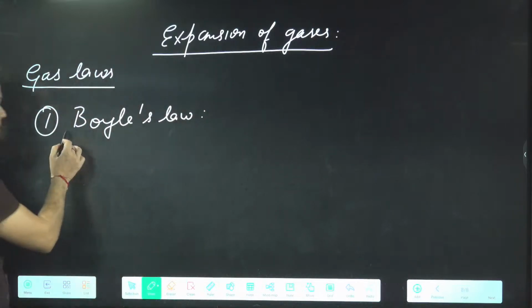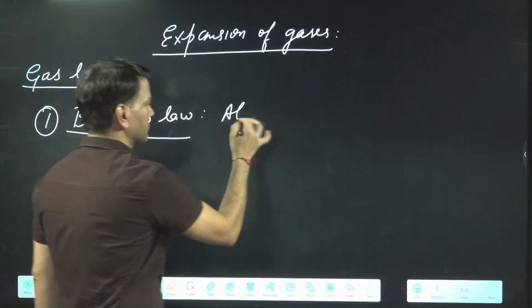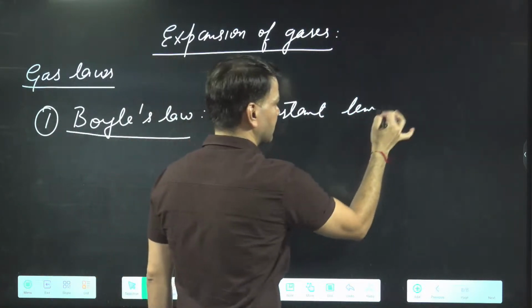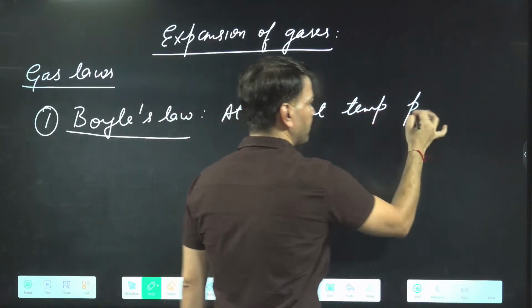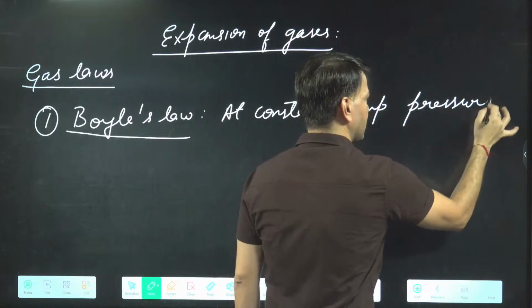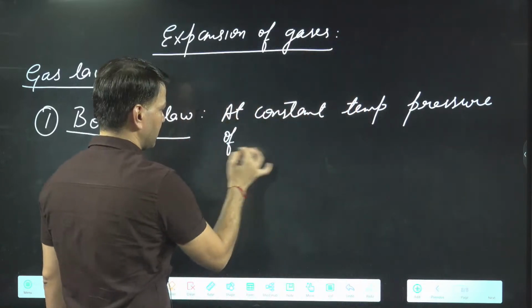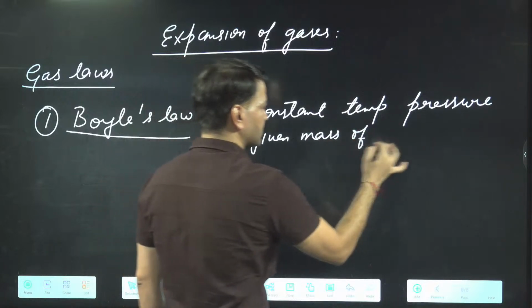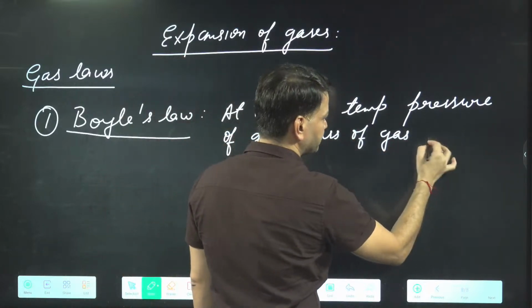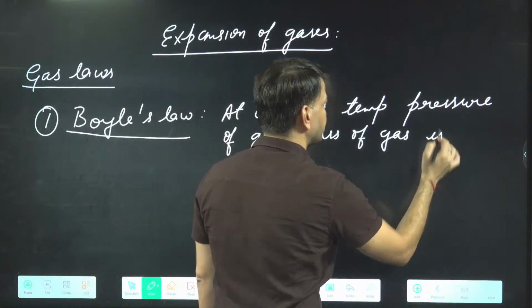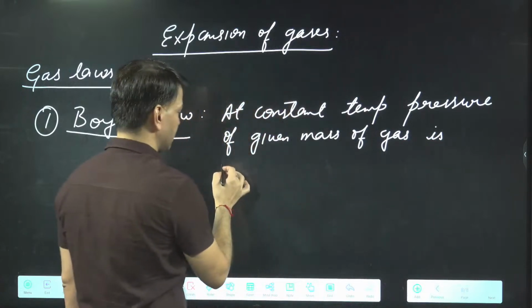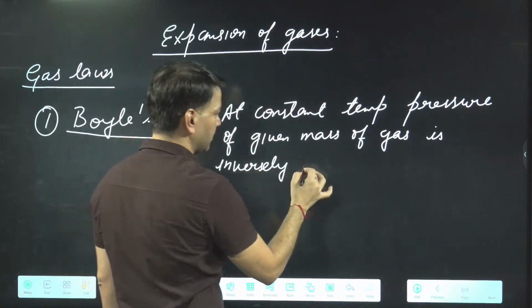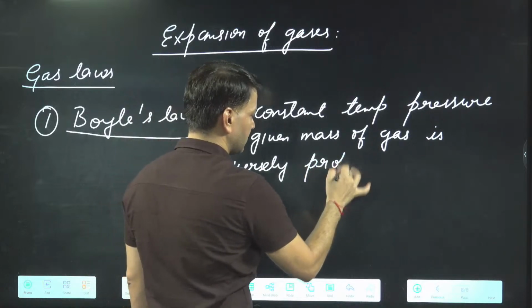At constant temperature, the pressure of a given mass of gas is inversely proportional to volume.